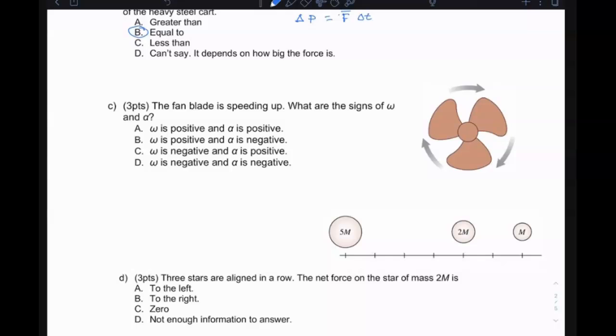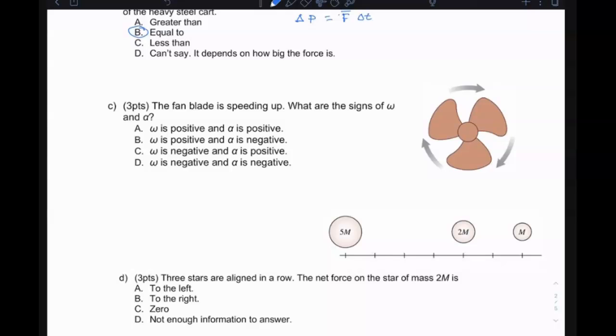A clockwise rotation is considered a negative rotation. In other words, the change in the angle with respect to time is negative. So that means the correct answer is either choice C or choice D.